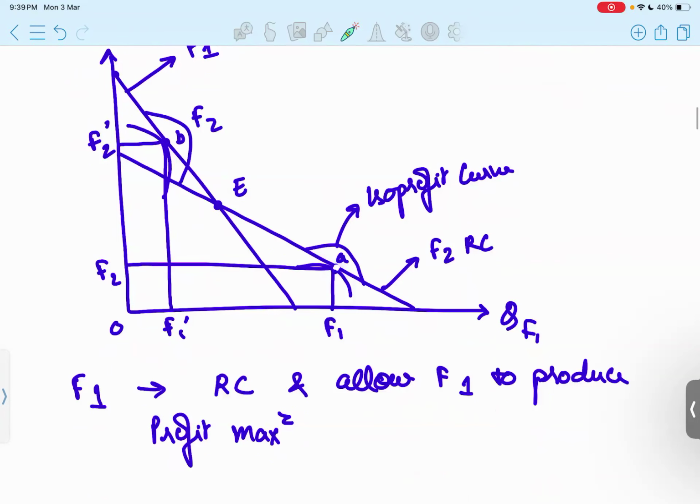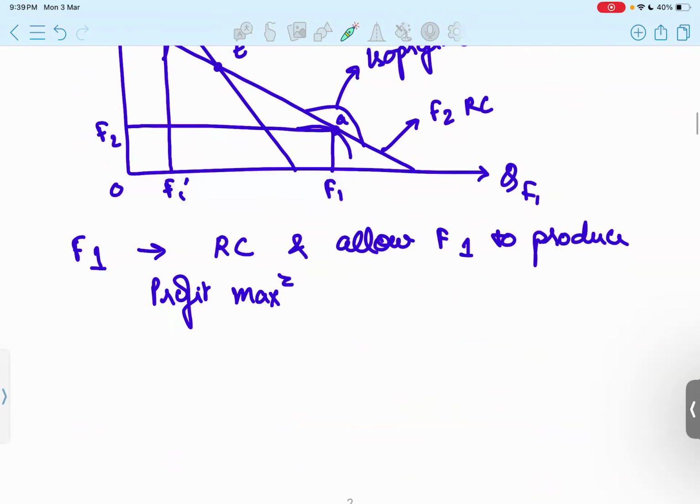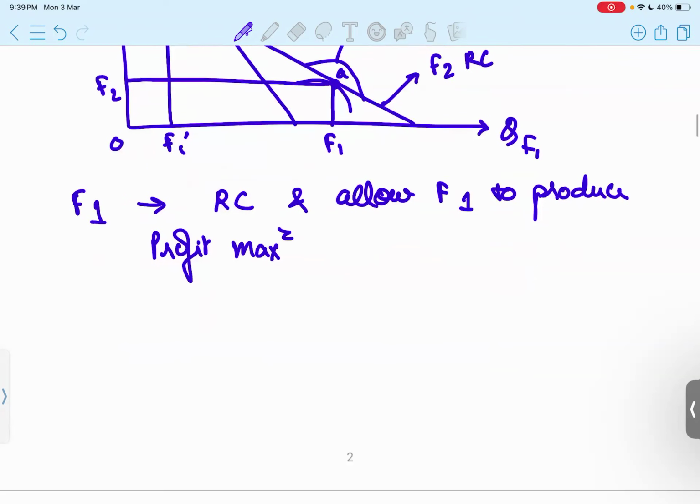So this is representing that the isoprofit curves of firm 1 are closest. You can see that at this point, the difference between the quantity of firm 1 and firm 2 is a lot. So that is why firm 1 has the opportunity, being a leader, to maximize its profit at this point. So this is one simple way of understanding.